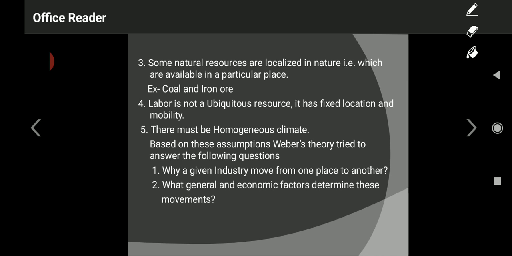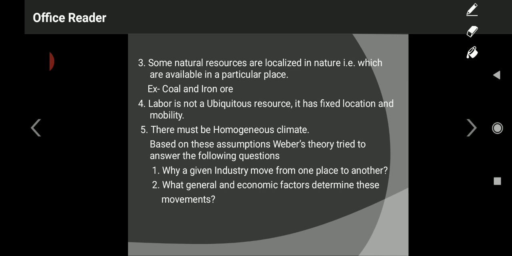To get the raw material, coal, continuously over a small distance, the Karnataka state government has started its thermal power project at Raichuru, which is the nearest place to Telangana. Other than Telangana, coal is not available in all the places. So to start an industrial unit, you need ubiquitous resources and also localized resources.